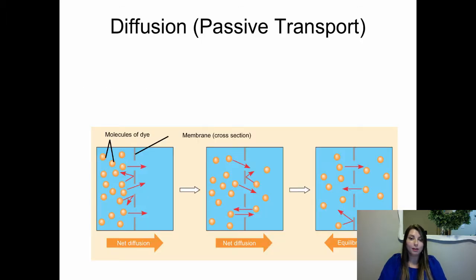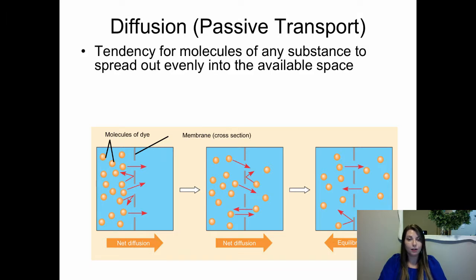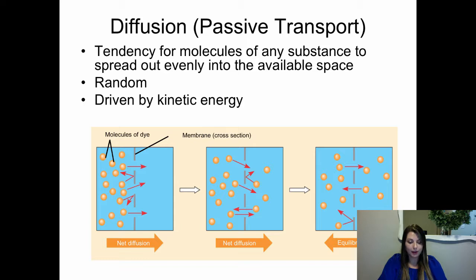So passive transport, or just diffusion, is the tendency for molecules of any substance to spread out evenly into an available space. This is the movement of substances from a high concentration to a low concentration. So how does it flow? High to low. This is random movement, and it's driven by kinetic energy because we have constant movement and these molecules are constantly bouncing off each other, driving that movement.